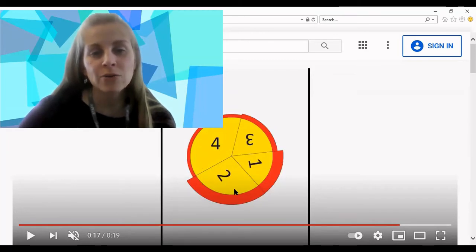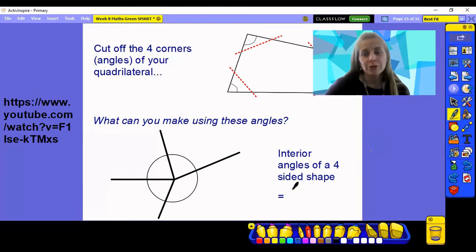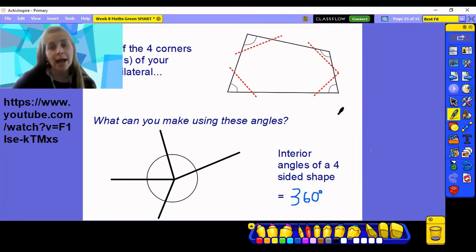So all these angles are around a point, and that should be starting to ring bells already, totaling 360. So that is a way of proving to you that the interior angles of any quadrilateral add up to a total of 360. So it just proves the information that we've been given on our help sheet.